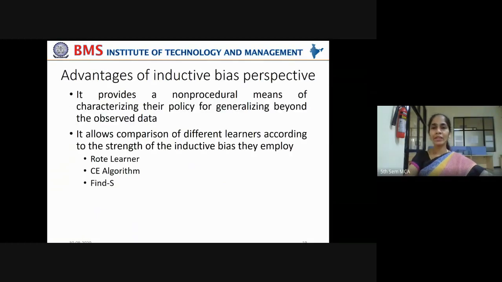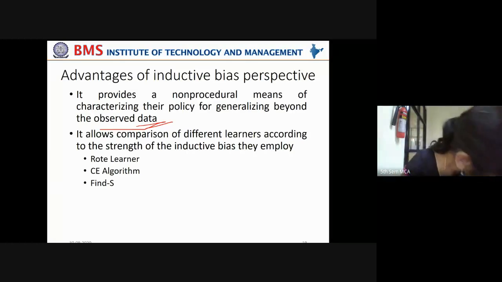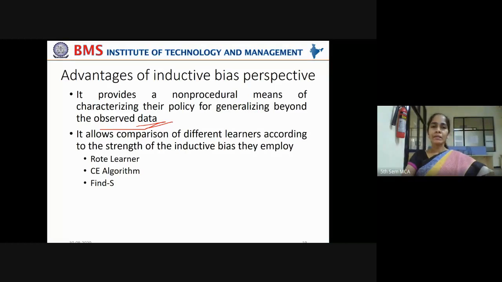Right, so what are the advantages of this inductive bias perspective? It provides a non-procedural means of characterizing their policy for generalizing beyond the observed data. This inductive bias perspective is like a non-procedural means.